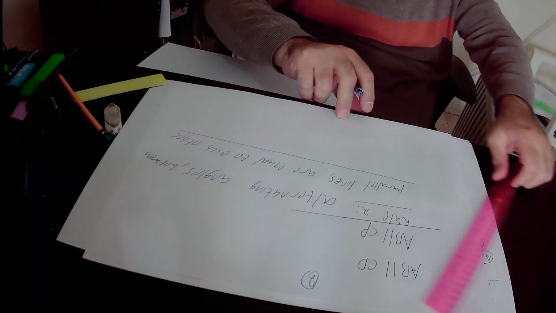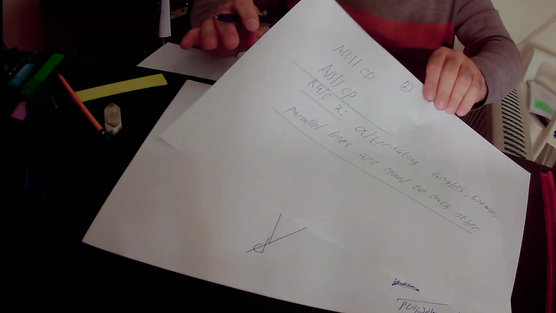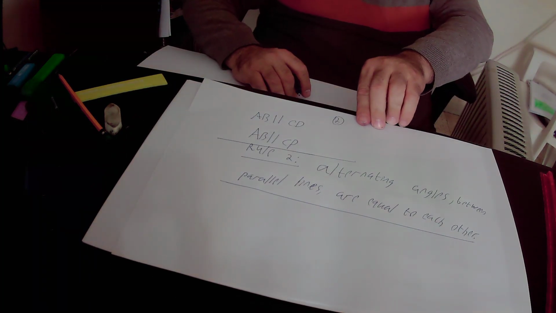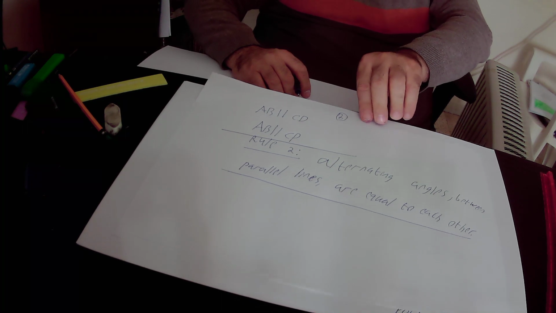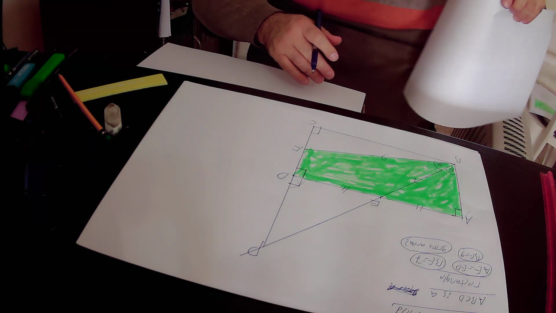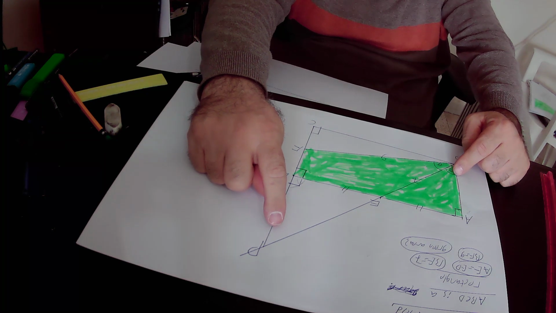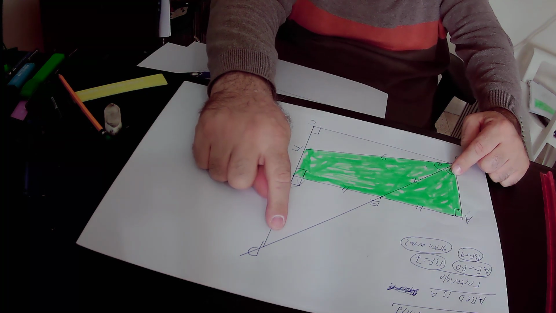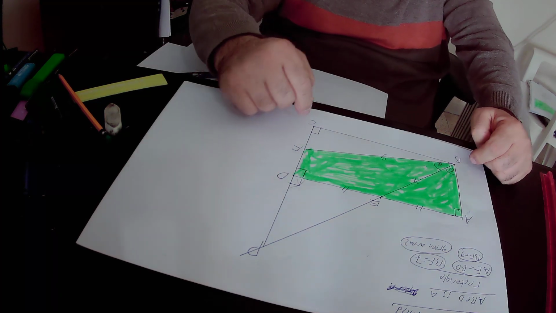So I'll repeat rule number 2 again. According to rule number 2, alternating angles between parallel lines are equal to each other. And actually, those two angles are defined as alternating angles, and they are located between the parallel lines AB and CP.